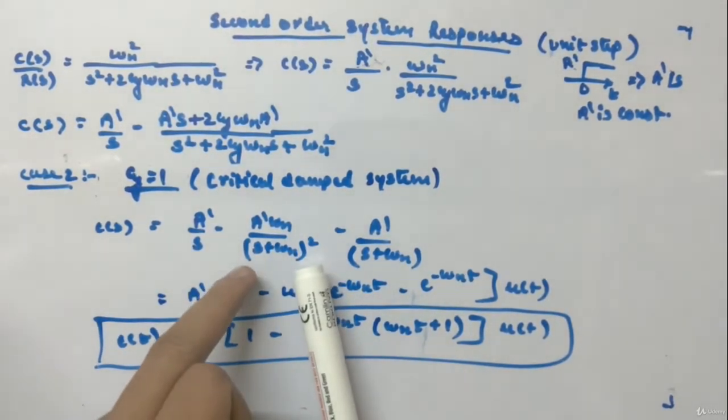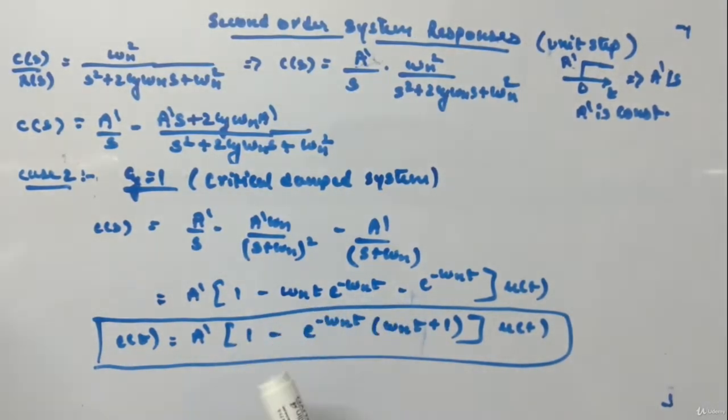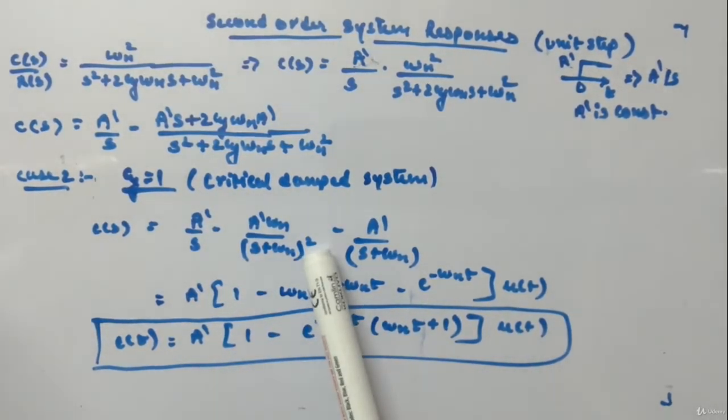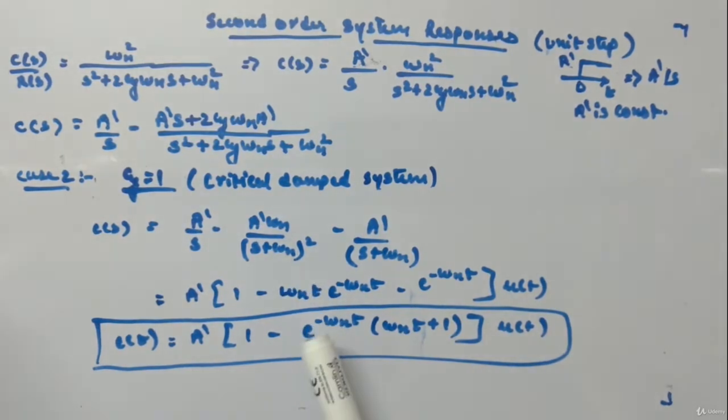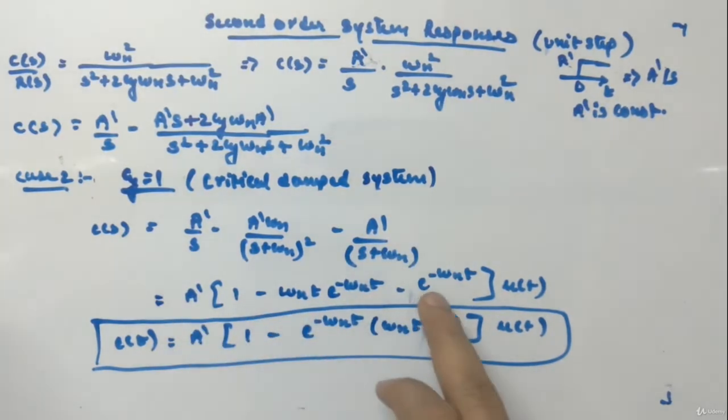Omega n divided by s plus omega n whole square will become omega n t e to the power minus omega n t. T, because of this square; omega n was constant, a dash took outside; e to the power minus omega n t, since it is shifted by omega n. And this term you can write with a dash common, e to the power minus omega n t and ut.